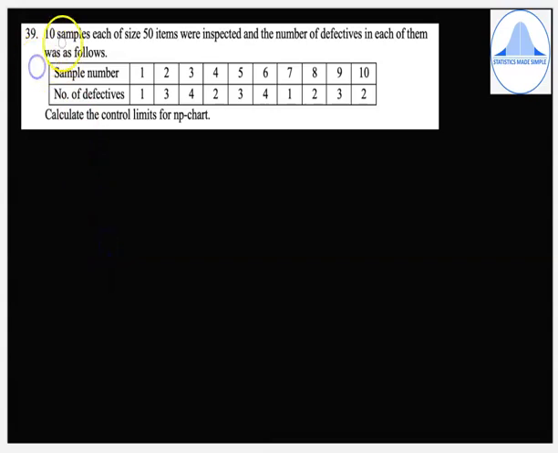39th question. 10 samples, each of size 50 items, were inspected, and the number of defectives in each of them were as follows. They've given us the sample numbers from 1 to 10, and the number of defectives are 1, 3, 4, 2, 3, 4, 1, 2, 3, 2. And they've asked us to calculate the control limits for the NP chart.